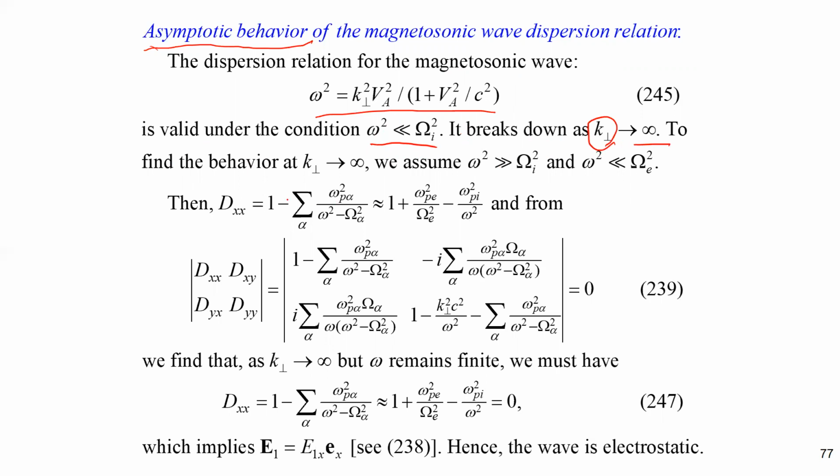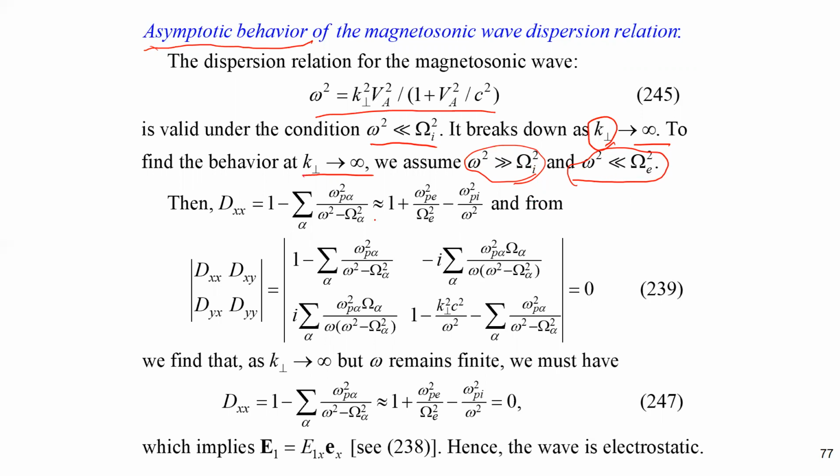To find the behavior, we assume omega is greater than this one, unlike this condition, and omega squared is less than this, which means omega squared is somewhere between the ion cyclotron frequency and the electron cyclotron frequency.